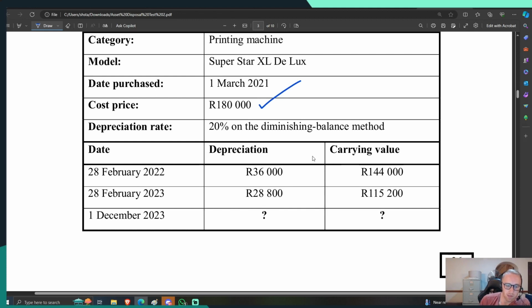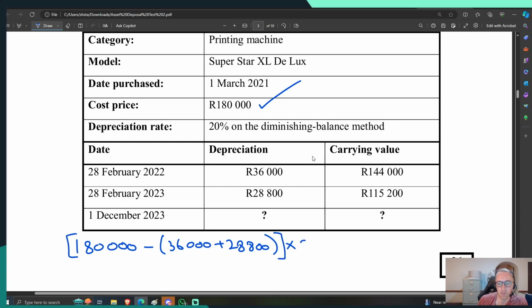It's diminishing balance method, so we're going to take 180,000, that's the book cost price, minus accumulated depreciation, 36,000 plus 28,800, and now multiply whatever that amount is by 20%, because that's the depreciation rate, and by 9 out of 12 months, because we haven't had it for the whole year, only 9 months. Then whatever that is will be this last little bit of depreciation. That's what we're busy calculating.